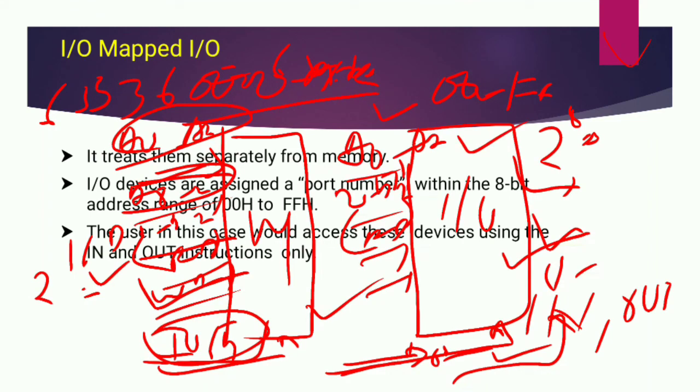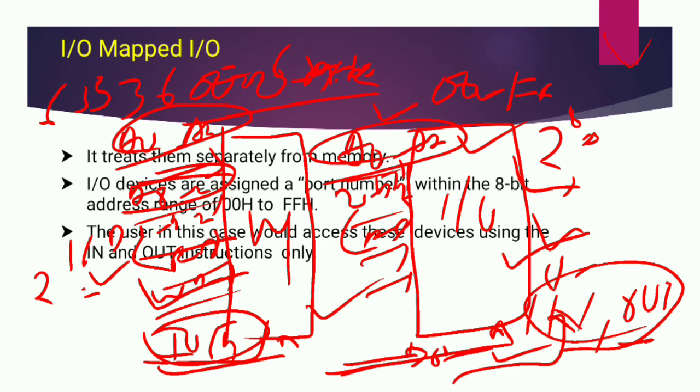Now, how is an IO device operation executed? When the IO related instructions, that is IN and OUT, are used, the microprocessor places the 8-bit address on the address bus, that is A0 to A7. That's why there is no need for the A8 to A15 address lines, because it is an 8-bit address.